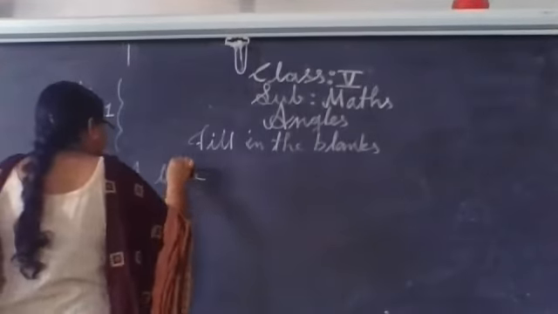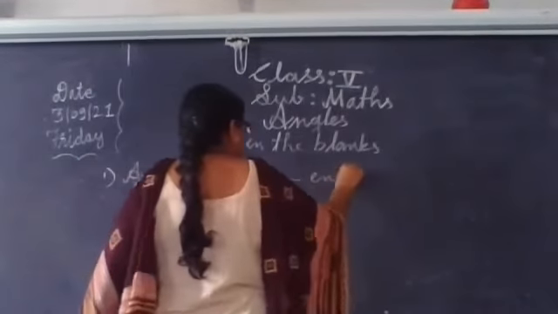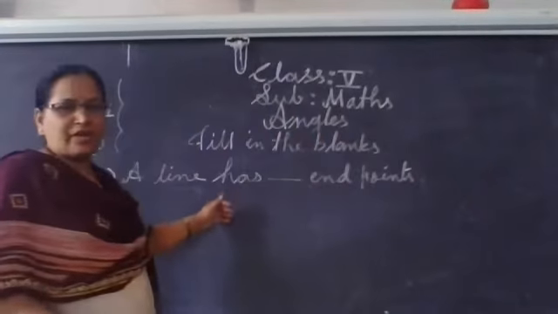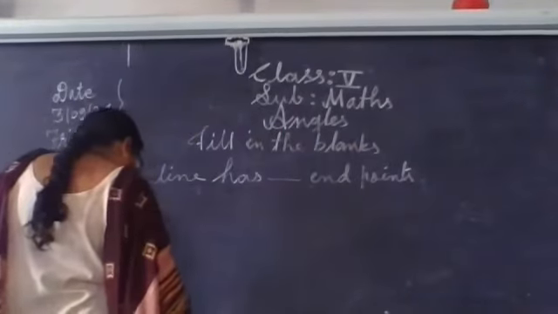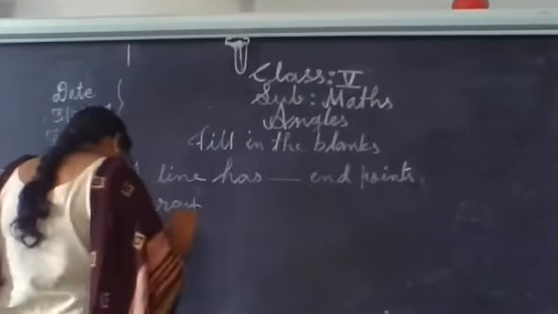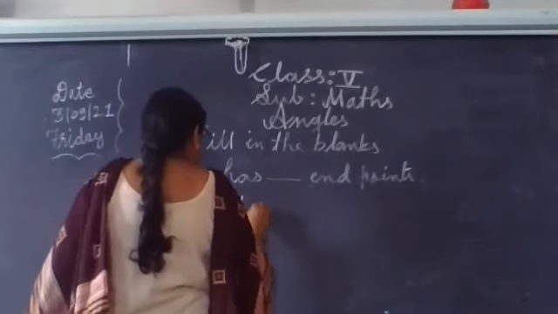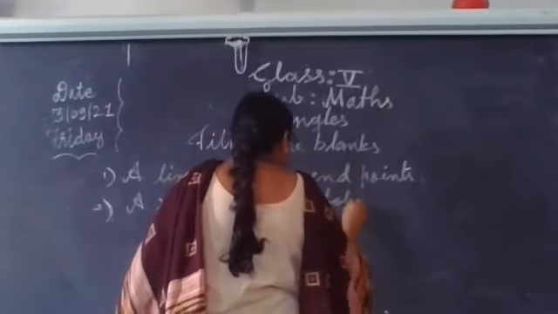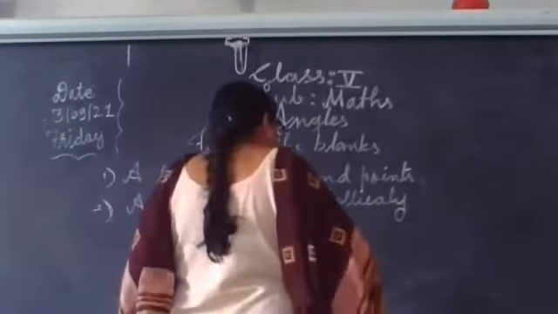A line has dash endpoints. Ray XY is symbolically written as dash.